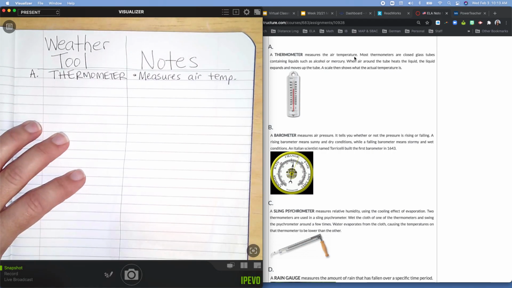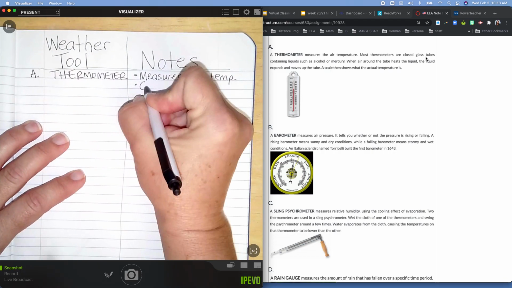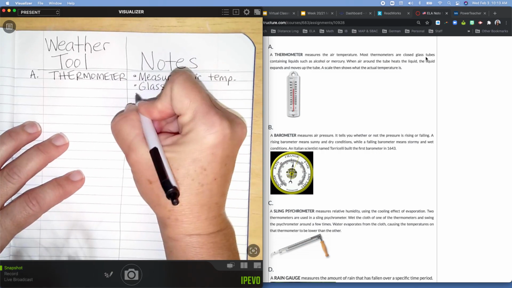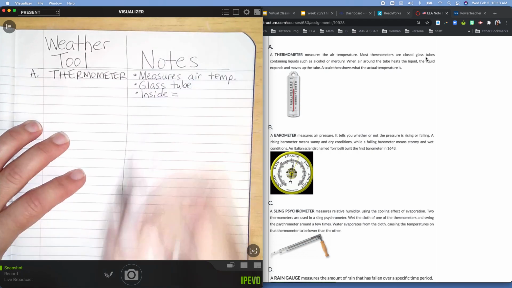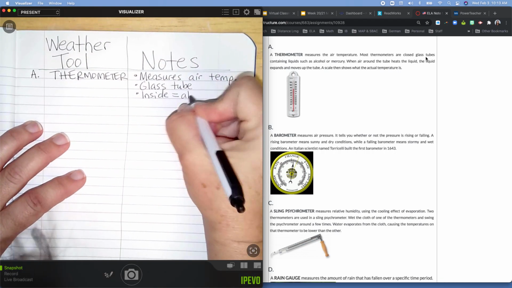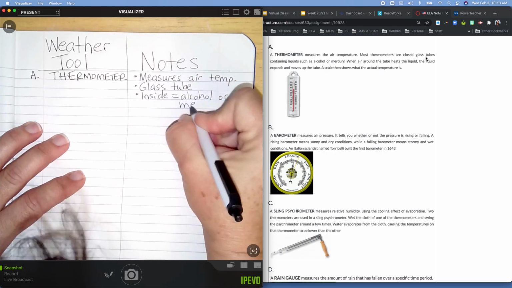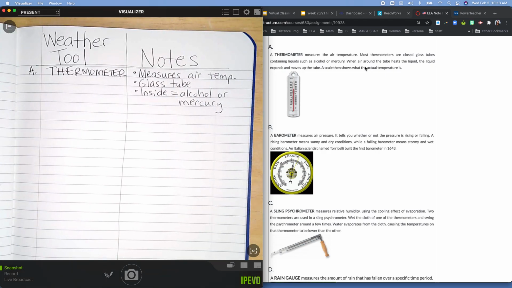And I'm going to want to include that they're glass tubes. Glass tube, and inside, I use the equal sign when I take notes. Inside is alcohol or mercury. Okay. When air around the tube heats the liquid expands and moves up the tube.